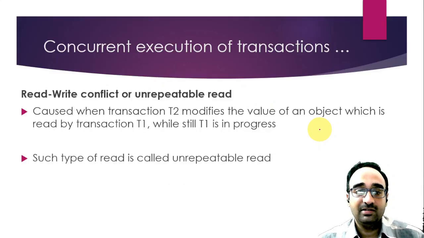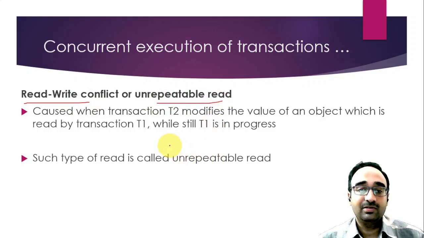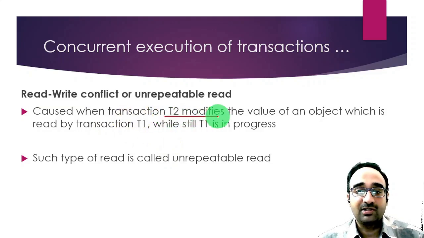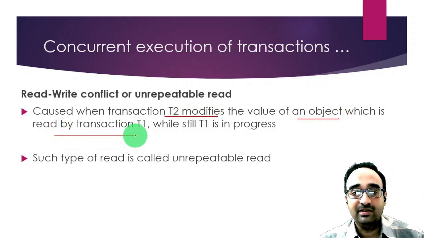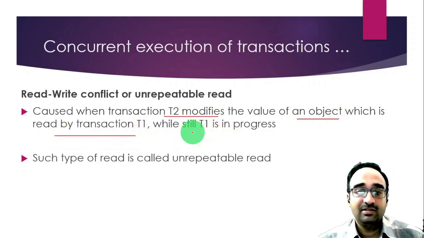Now similarly, next one is read write conflict, also called unrepeatable read. Now you can see here, when transaction T2 modifies the value of an object which is read by transaction T1, while T1 is still in progress, such kind of read is called unrepeatable read.